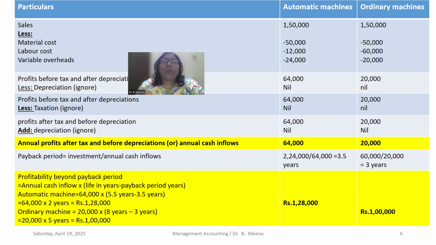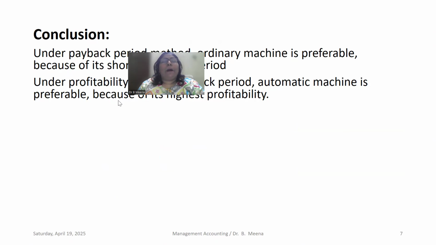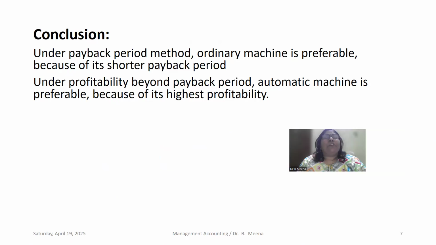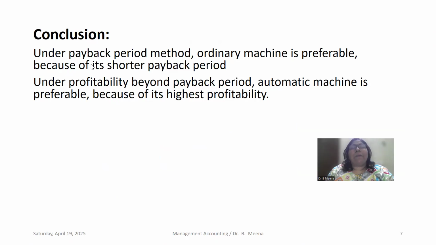So when you're going to take a decision based on the profit beyond payback period, I can recommend to buy the automatic machine. This is the conclusion I can give based on our calculation. Under the payback period method, the ordinary machine is preferable because of its shorter payback period. Under profitability beyond payback period, the automatic machine is preferable because of its highest profitability.